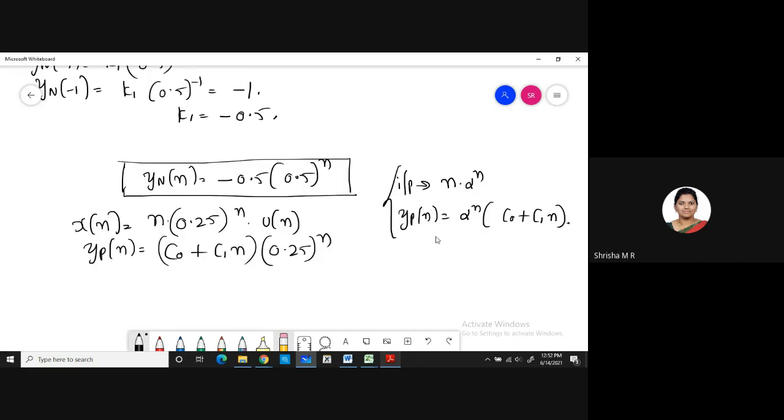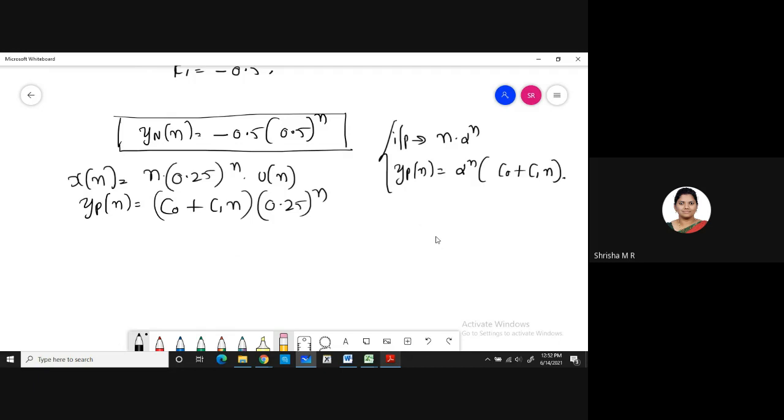If you put n is equal to n minus 1, you will get Yp of n minus 1, so that you can put that in the difference equation which is given in the question. Yp of n minus 1 is C naught plus C1 into n minus 1 into 0.25 to the power of n minus 1.